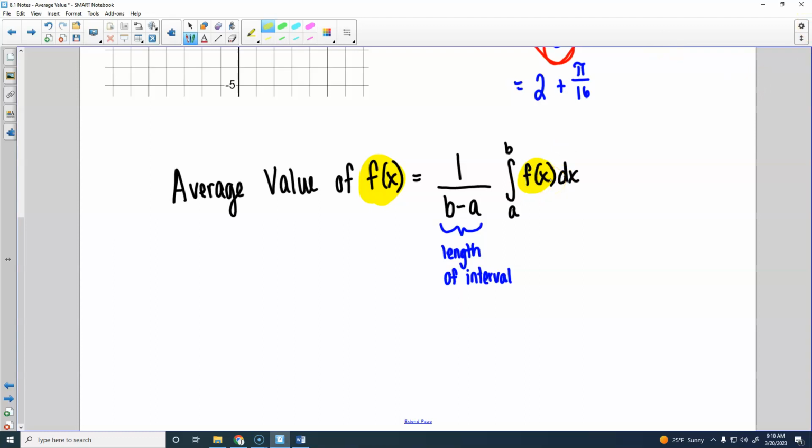It may ask you, for example, a tank is filling up at this particular rate. If it wants to know the average rate at which the tank is filling up, 1 over b minus a of the integral of the rate that that tank is filling up. So whatever it's asking you for, this is the formula you'll use every time.